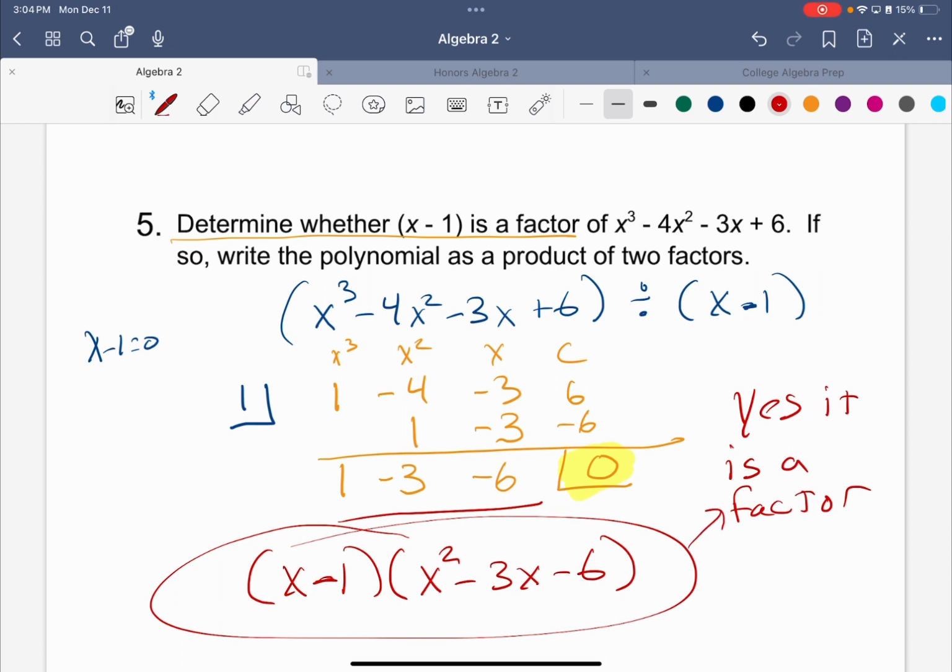Those two things make for your solution. The remainder needs to be 0. If the remainder is 0, then it's a factor. If your remainder isn't 0, it's not a factor. And then we just write it as the product of two factors.